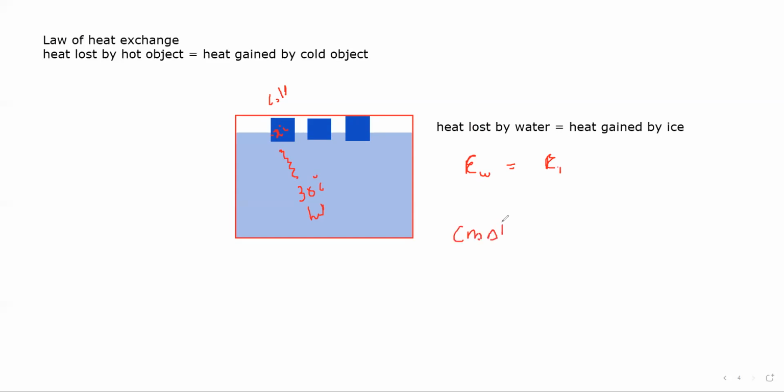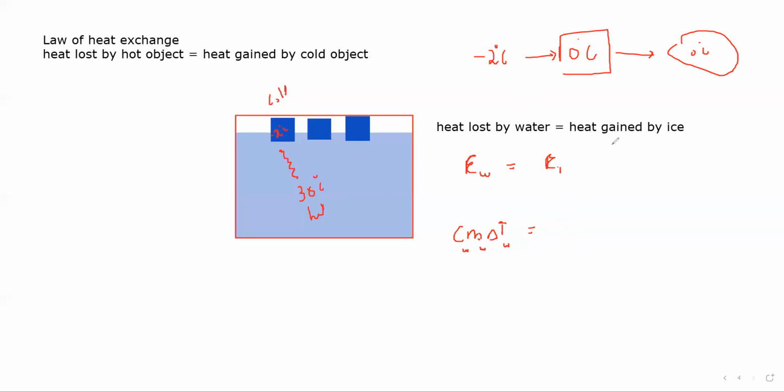C is the specific heat of water, m is the mass of water, and delta T is the change in temperature of water. But what about ice? Here I mentioned ice is at -2. If it's pure ice, it will reach 0. So first there will be a change in temperature, then there will be a change in state. Whenever the state is changing, the temperature does not change because the energy is used to break the intermolecular forces.